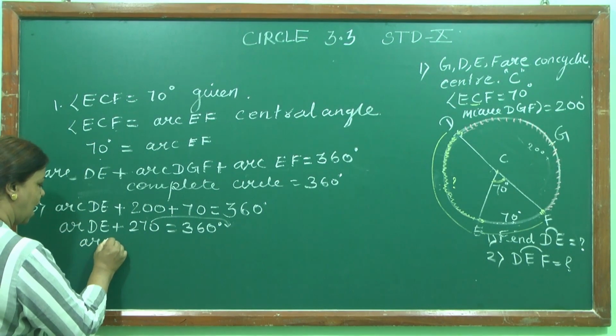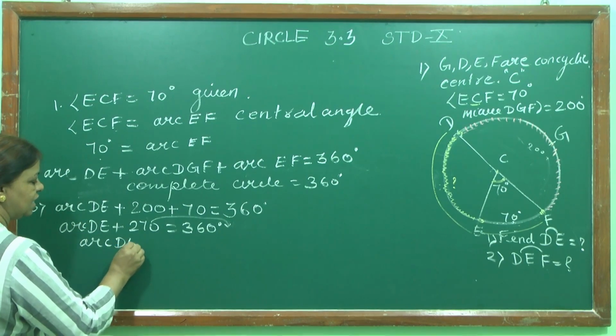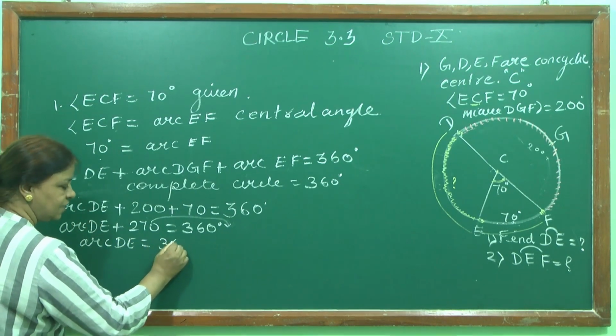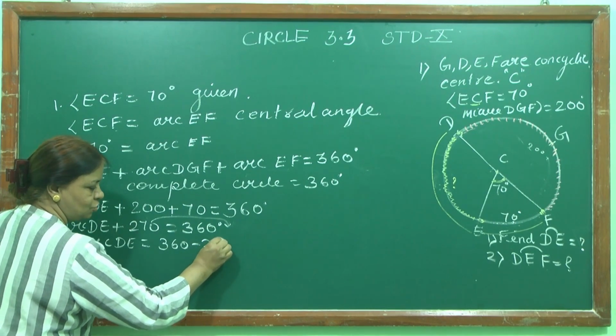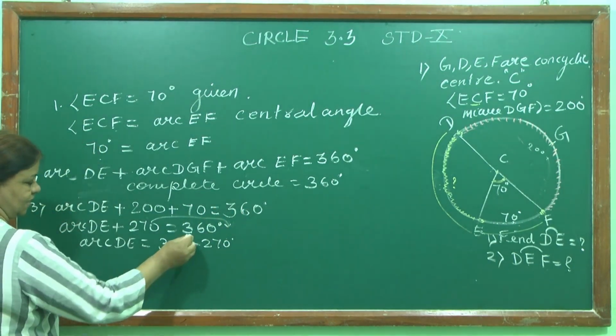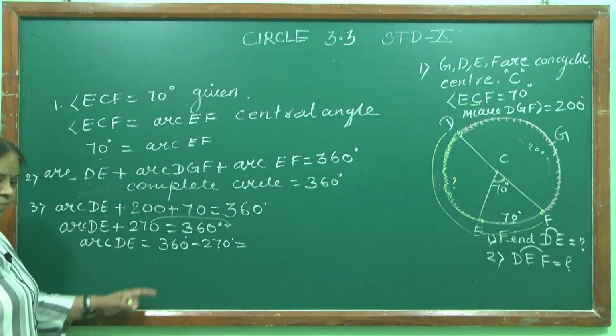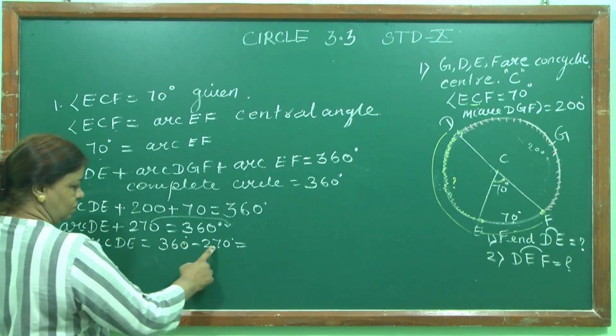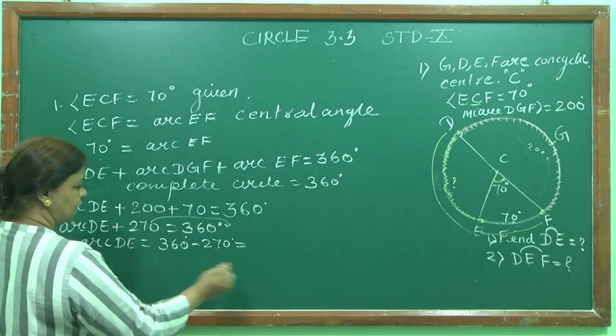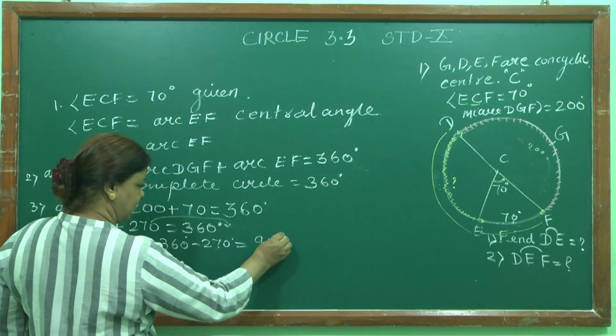So we will get arc DE is equal to 360 minus 270 degree. How much will be 360 minus 270 degree? Yes, it will be 90 degree.